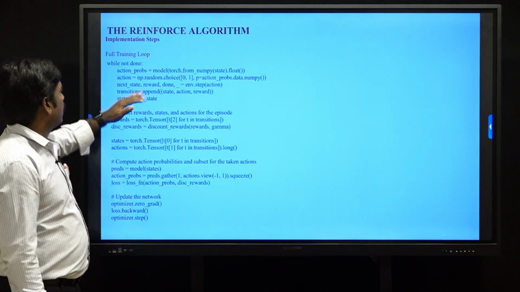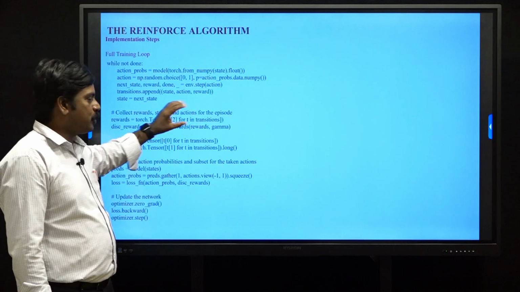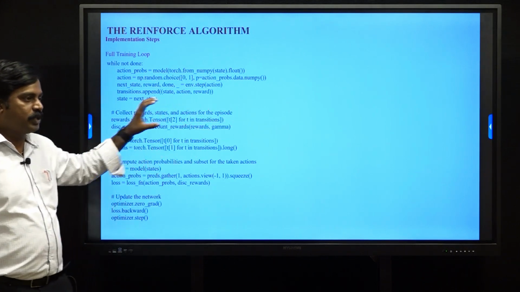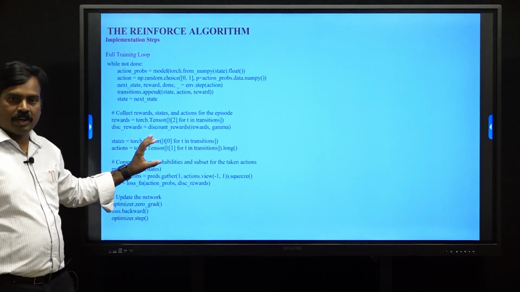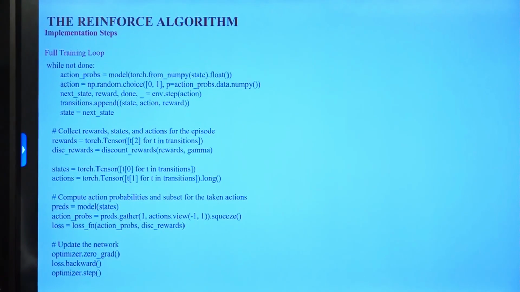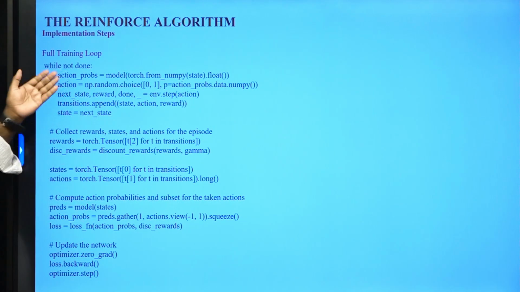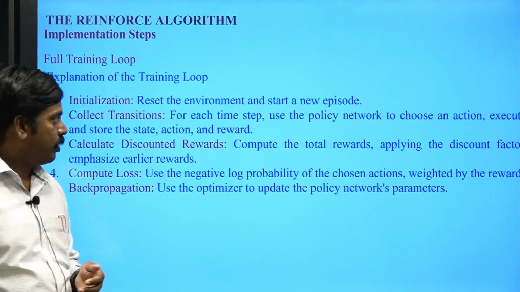After that, we collect the rewards, states, actions, and information from the episodes, and based on that information we calculate the loss, apply the gradient, and optimize the policy network to get the best cumulative rewards. In this way we run the loop.